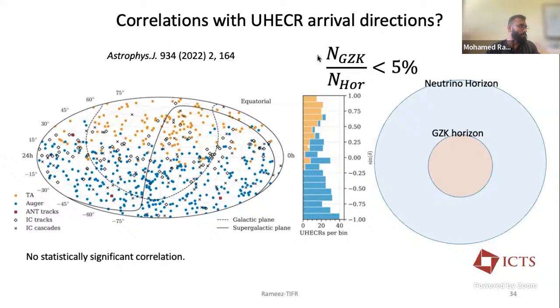We have also not been able to see any correlation between neutrinos and ultra energy cosmic ray arrival directions. Now, you may wonder why look for it since cosmic rays are charged, but we understand the strength of the magnetic fields in extragalactic space and also in our own galaxy through Faraday rotation measurements.